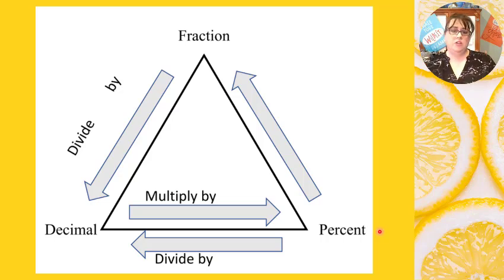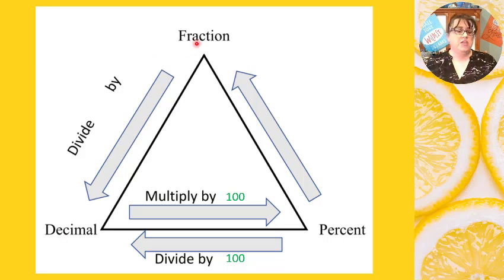So the first thing that we do when we are changing from a decimal to a percent is we multiply by 100. That's usually the one that everybody's pretty comfortable with. When we go from a percent to a decimal, that's what we just finished doing. We divide by 100. That should make sense. They're inverse operations.